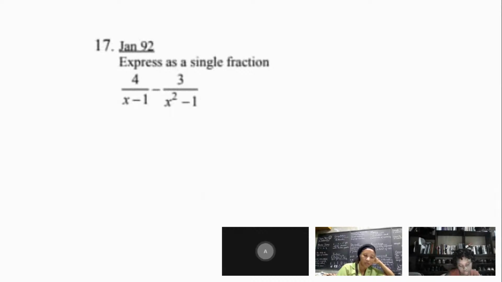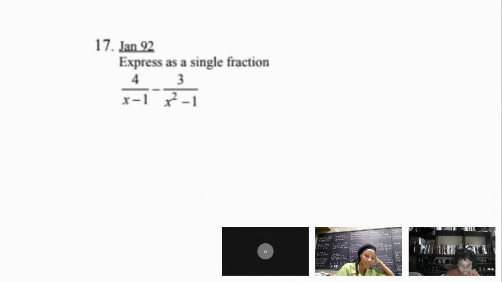All right, so what would you do for this one? Express as a single fraction. So we subtract them. The lowest common multiple of x minus 1 and x squared minus 1 is... All right, here's what we're going to do.